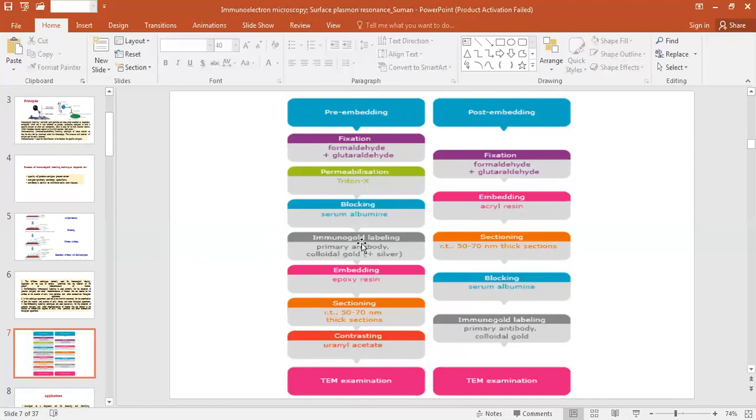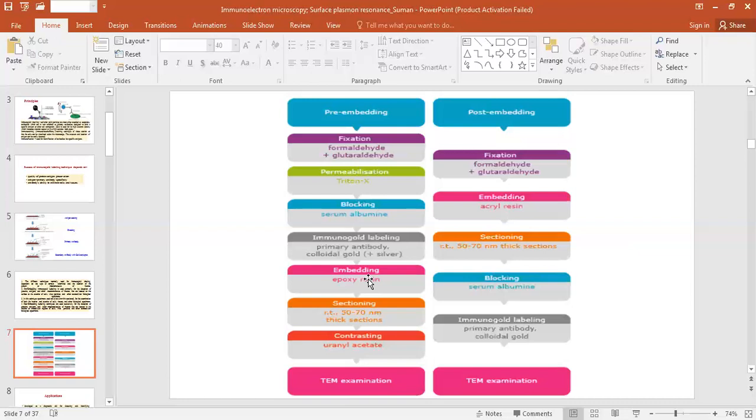After that, we go for immunogold labeling, adding the primary antibody and then colloidal gold. The next step is embedding using an epoxy resin. After embedding, we have to go for sectioning, and only sections with a thickness of 50 to 70 nanometers can be used for further processing or negative staining.